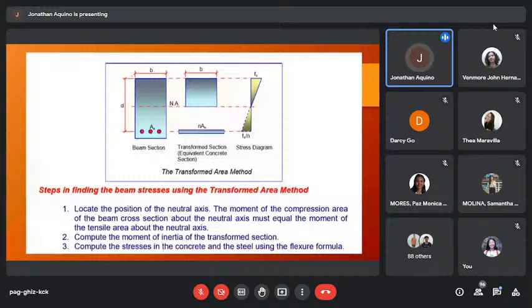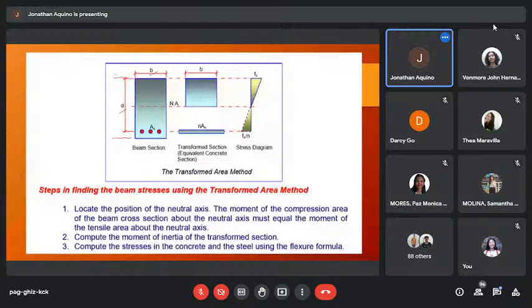So take note that the d is the distance from the centroid of the bars to the outermost fiber in compression, or it's just simply from top of the beam to the centroid of the reinforcing bars. So ito yung h natin. Yung h natin is the total height of the beam.